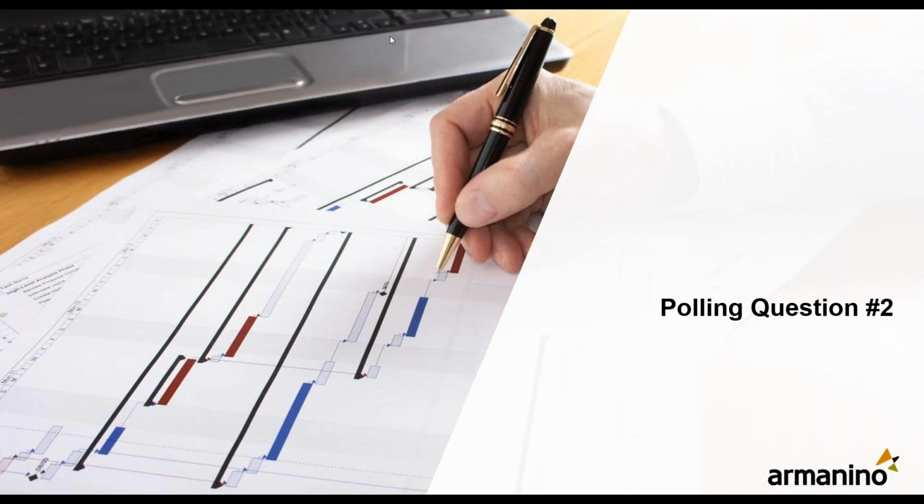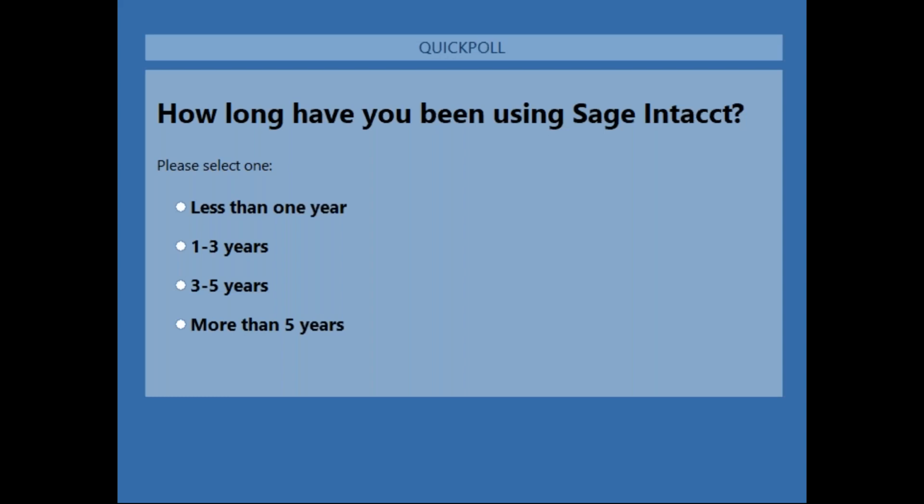Okay, on to polling question number 2, Megan. Thanks, Irene. So our next question is hopefully pretty simple for you guys. It's an easy one. How long have you been using Sage Intacct? Just select one: less than a year, 1 to 3 years, 3 to 5 years, or more than 5 years.